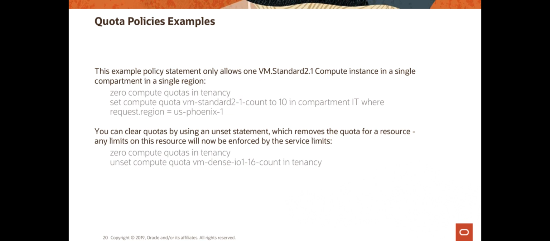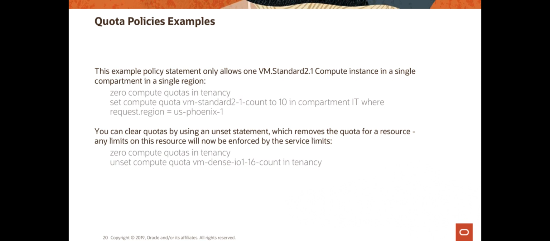The first statement says zero compute quotas in tenancy, so it's removing access to all compute resources, and then it only allows one kind of instance, VM standard 2-1, and it allows only up to 10 of these in the compartment IT, and then only in the US Phoenix region in this case.